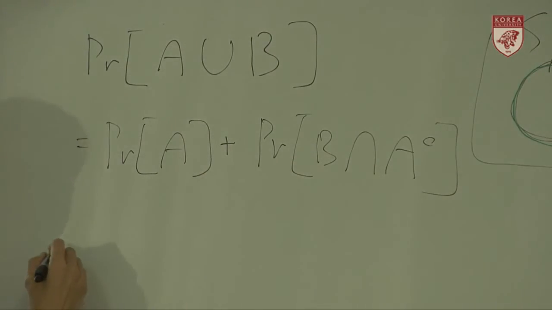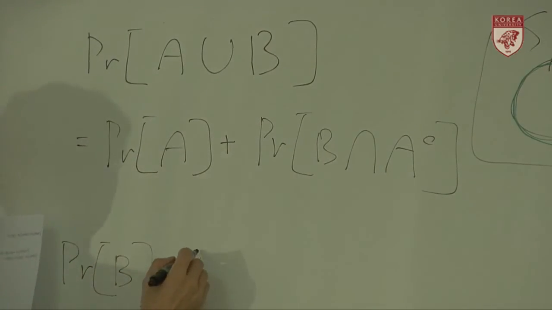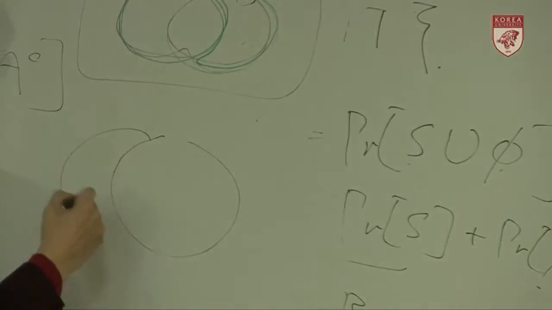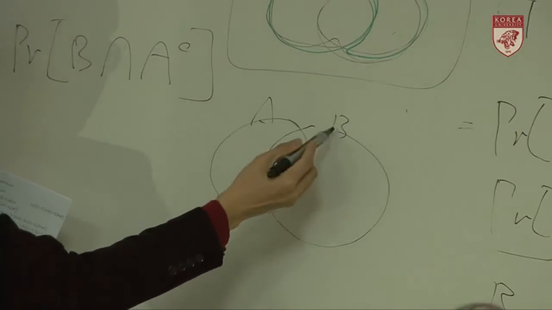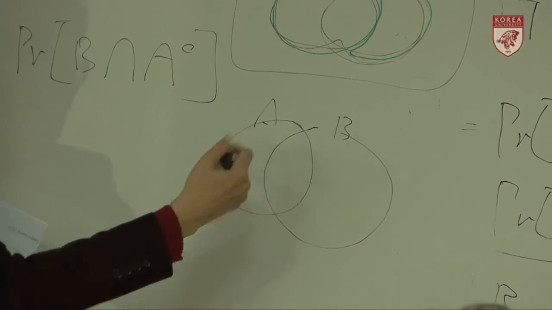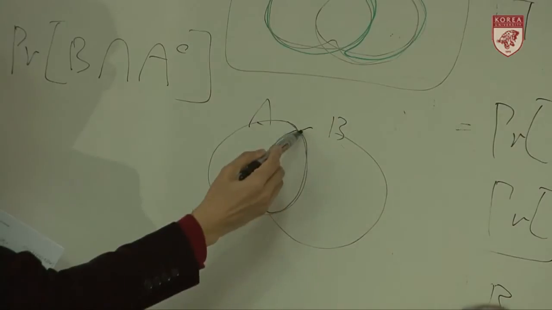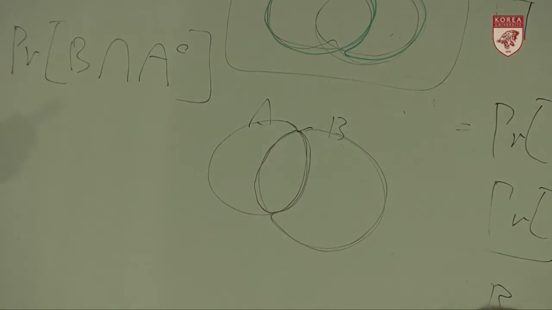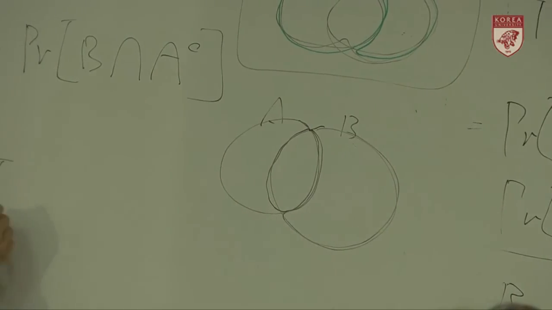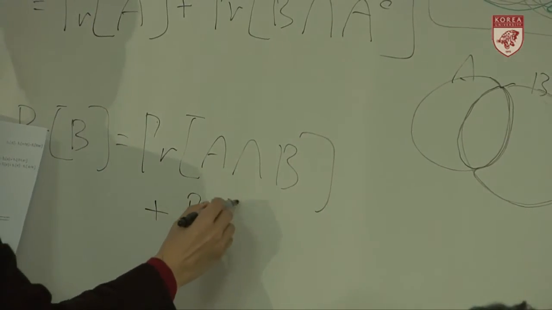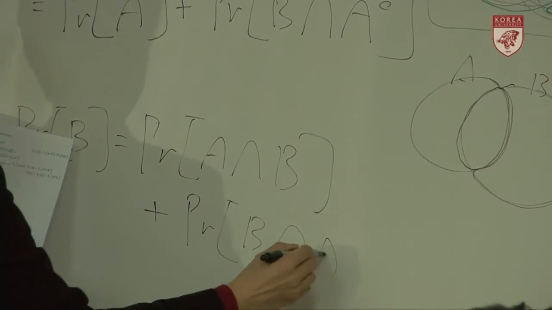So then let's look at B. The probability of B is, okay, again, let's look at only B. This B is the union of two disjoint sets, this one and this one. Two disjoint sets, right? So the probability of B can be written as the probability of A intersect B plus the probability of B intersect A complement.